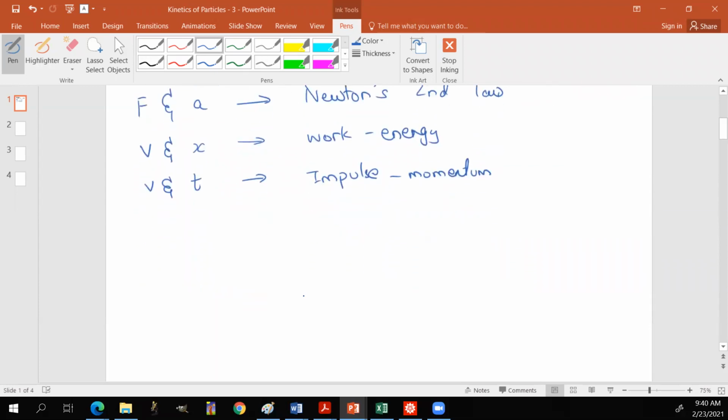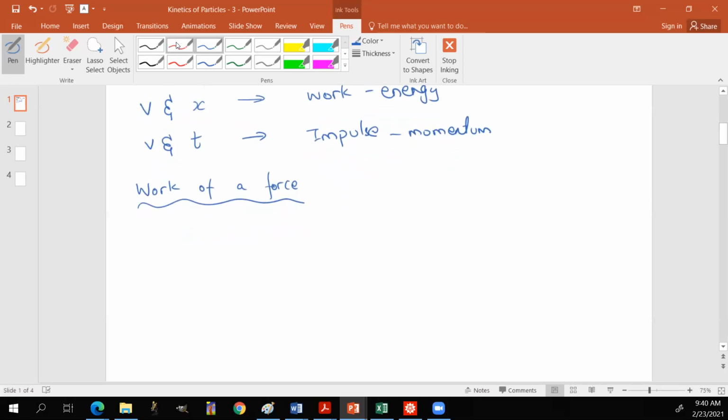All right. So let's start with work and energy. The first thing that we need to define is what is the work of a force. Let's say that you've got some force F acting on your particle P, and you end up changing position from here to P prime.